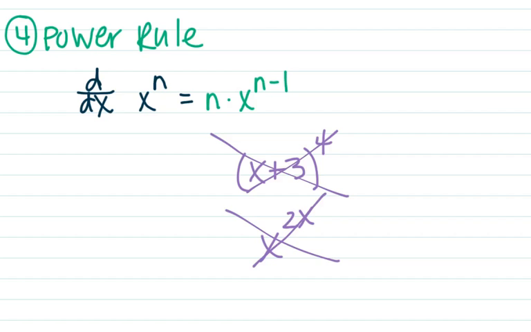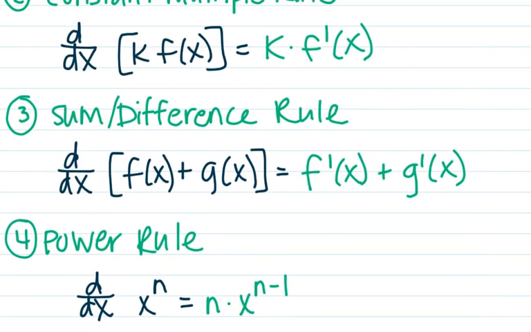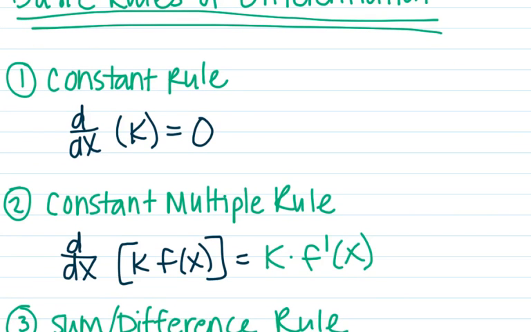Now, one thing that is interesting, if we go back to our first rule, the constant rule kind of falls into this, because if you have a constant in reality, like if we had the function f of x equals 6, right, that's really 6x to the 0, because you don't see the variable there.